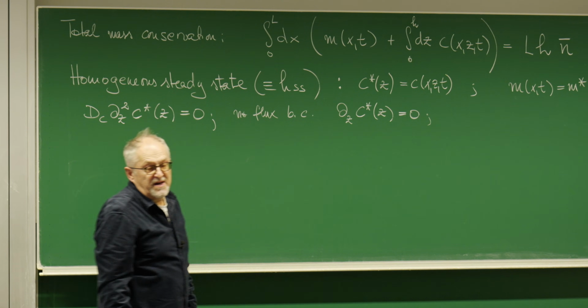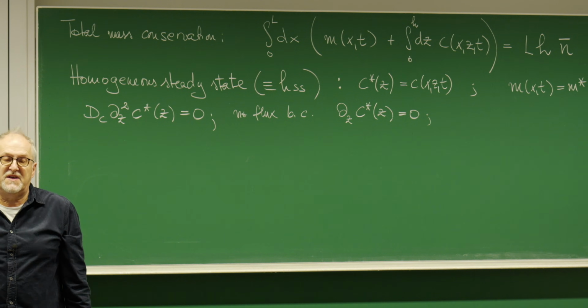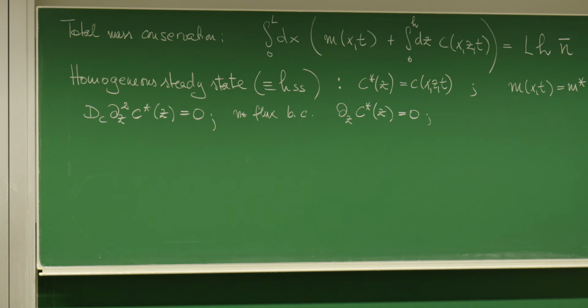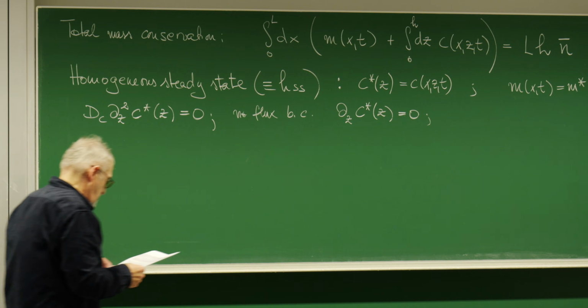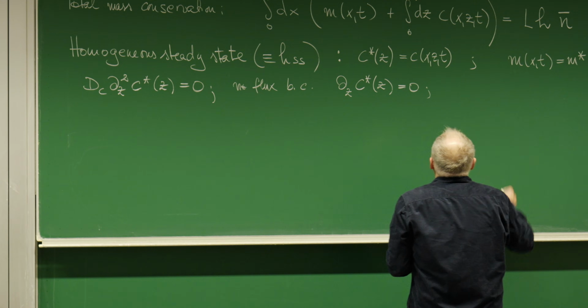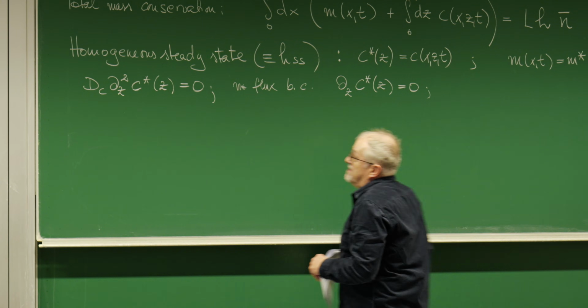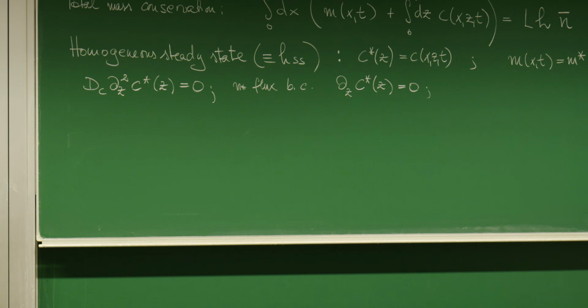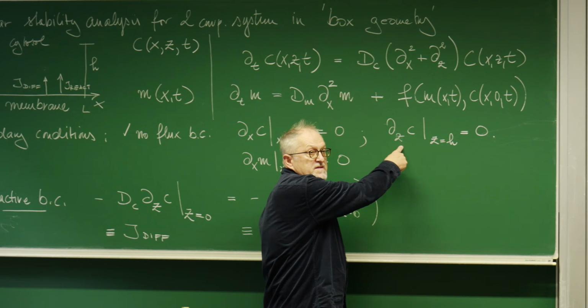Right, and that means now that our c star of z, if it depends on the z coordinate in the bulk, it can be at best a linear function, right? This is the solution of such an equation. But we have here another boundary condition, which is this one here.